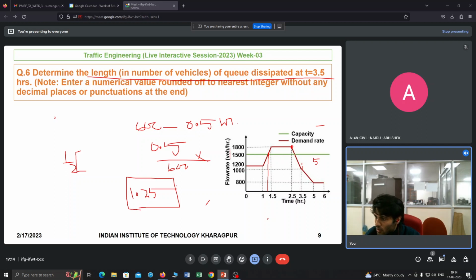And this came out to be, okay, what was this value? I forgot, I need to calculate again. So 1800 minus 1000 means 800. 2.875, okay, 2.875, and this is 300.